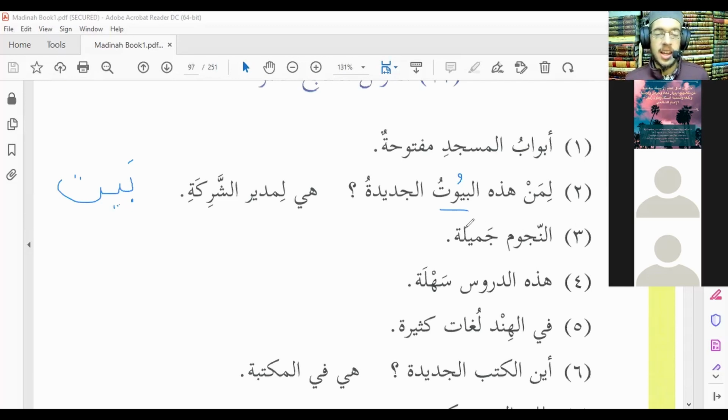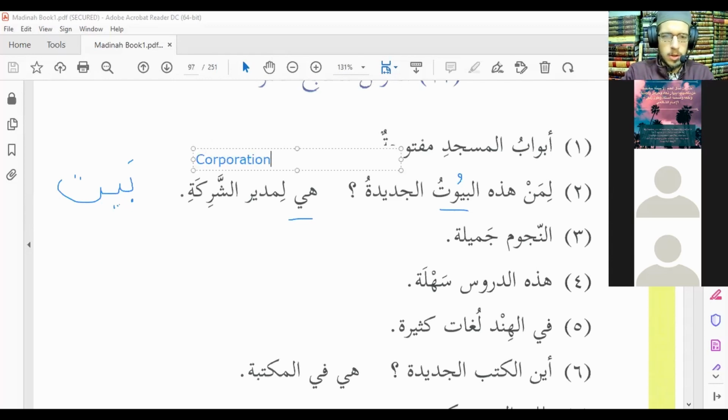Good. And then the really interesting part here is the answer. Hiya li mudiri sharikati. Right? Literally in English, they belong to the mudir of the sharika. Sharika is a corporation. I'm not sure if we've had that word before.